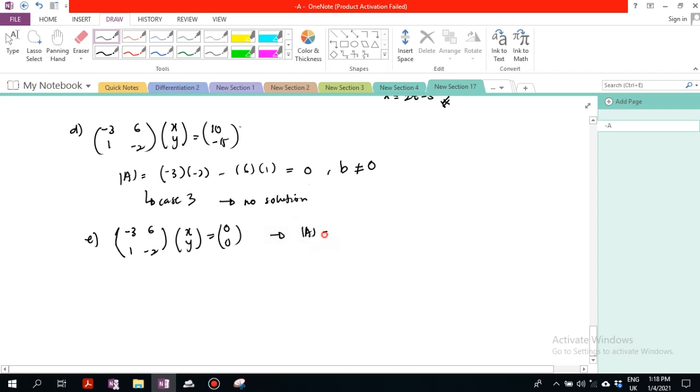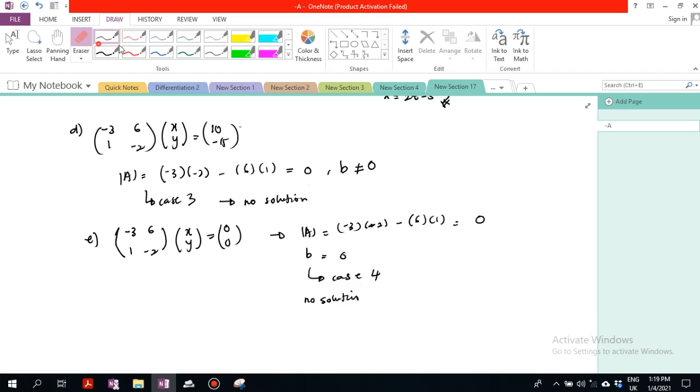Your determinant will be -3 times -2 minus 6 times 1, you will get 0, and your b is also 0. So this is under case number 4, where no trivial solution exists.